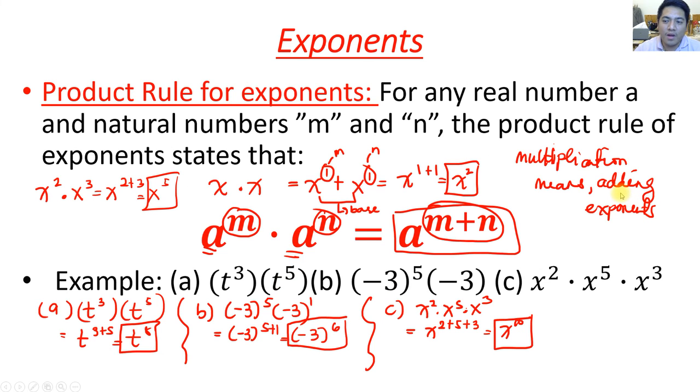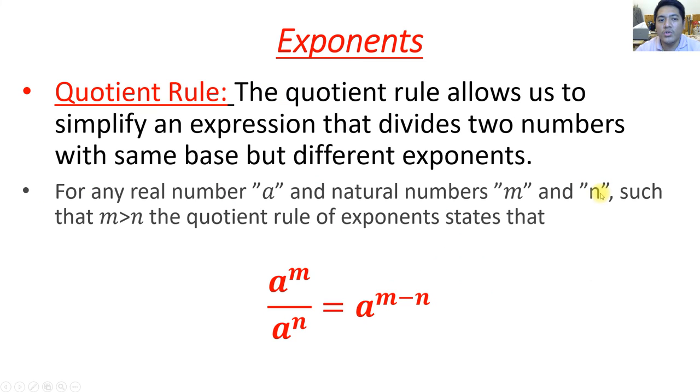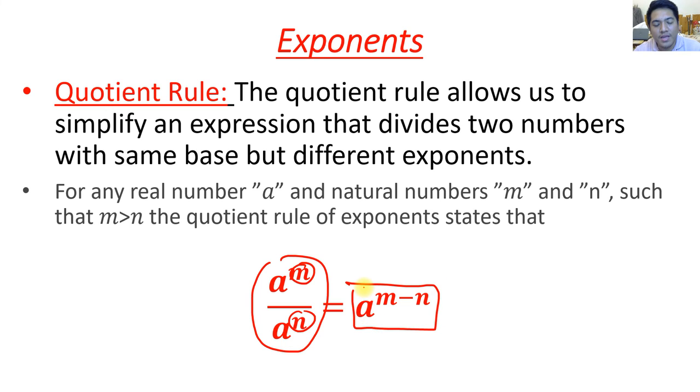So if we have the product rule, we also have the quotient rule. The quotient rule allows us to simplify an expression that divides two numbers with the same base but different exponents. So whenever we have a division of the same base with exponents m and n, we simply subtract their exponents.